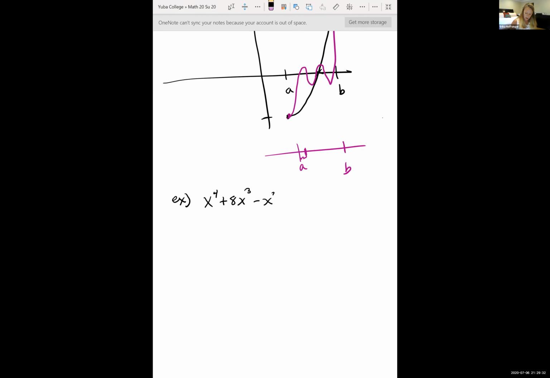So we have x to the 4th plus 8x cubed minus x squared plus 2 is equal to 0. And they're telling us that there's some 0 that's falling between -1 and 0.